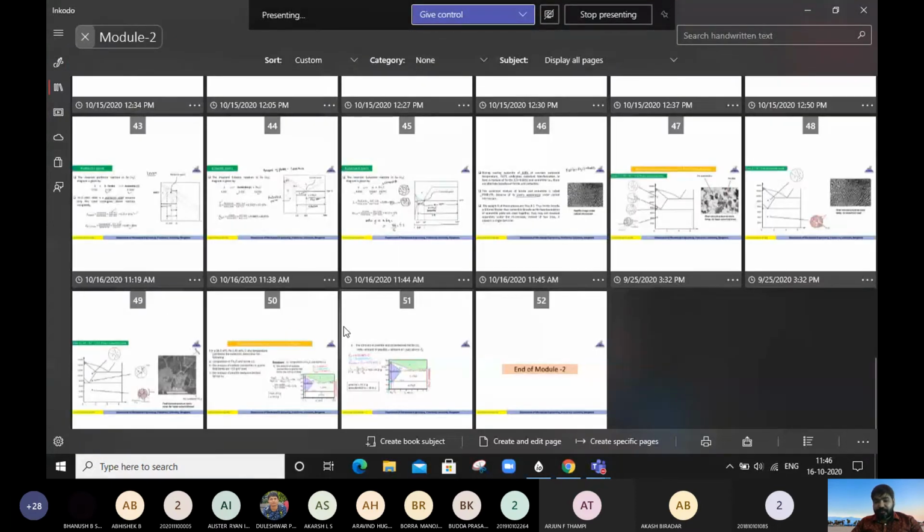Now in materials, microstructure is going to play a very, very important role. By changing the microstructure of any material, you can change the properties of the material, and you can easily have control over microstructure.